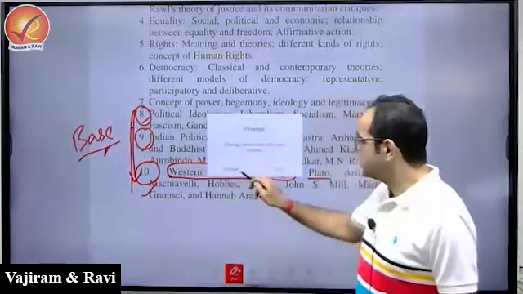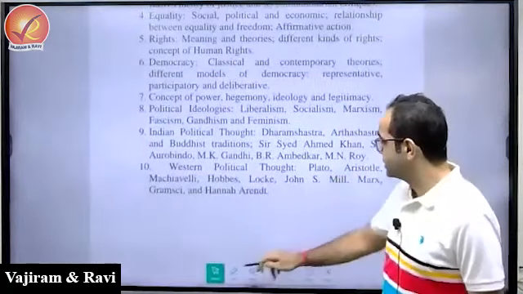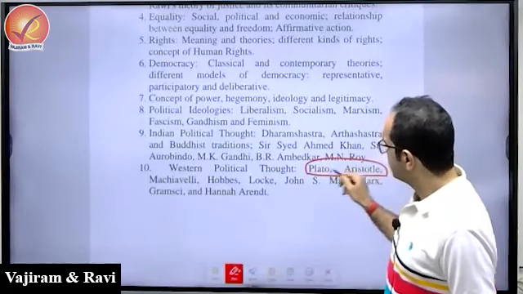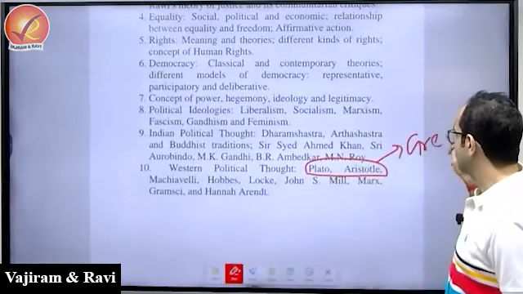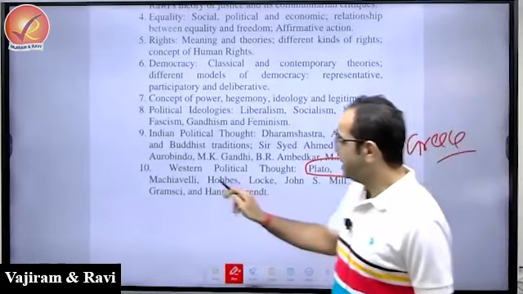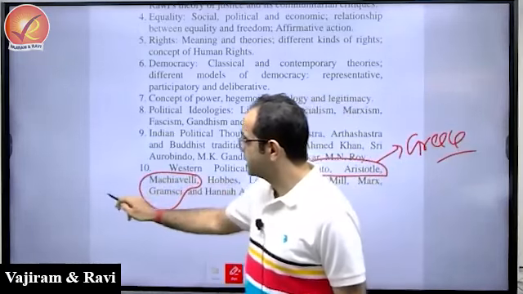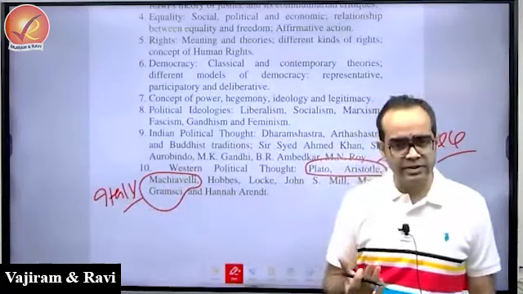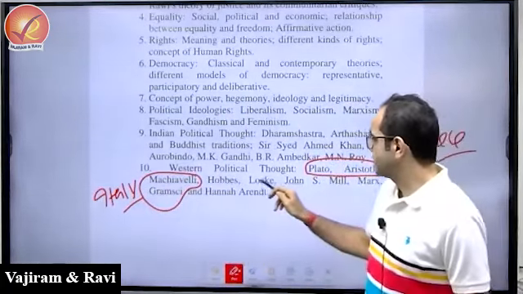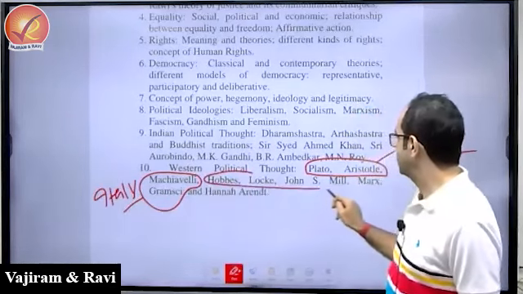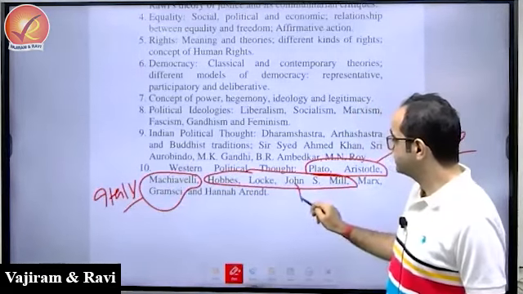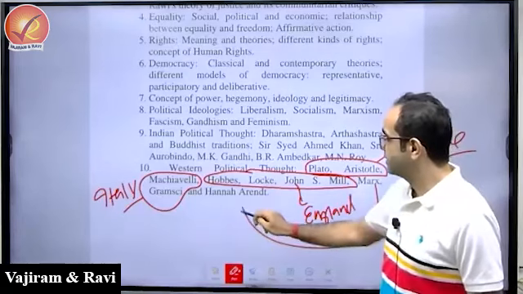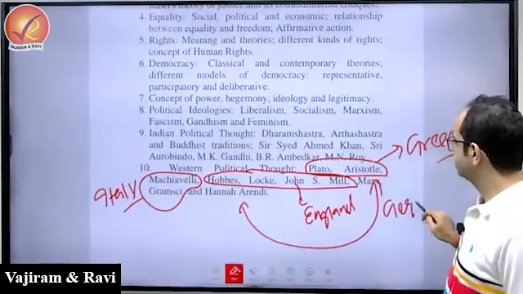Now, Western political thought, where I'll be discussing ideas of Plato and Aristotle. Plato and Aristotle are from ancient Greece, while Machiavelli and Gramsci are from Italy. We'll discuss in detail; I'm telling you this for your understanding. Hobbes, Locke, and J.S. Mill are from England, while Marx and Hannah Arendt are from Germany.